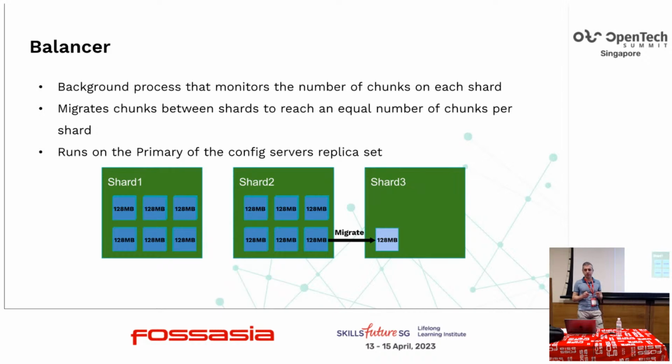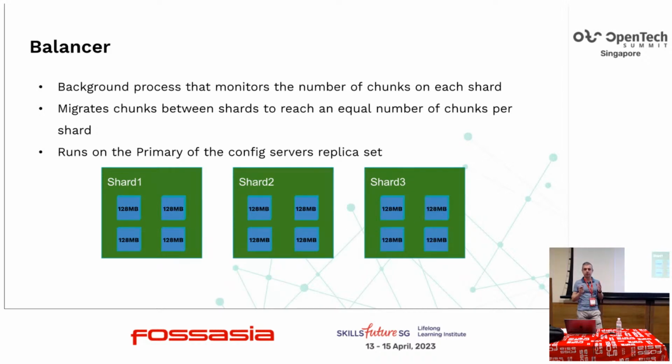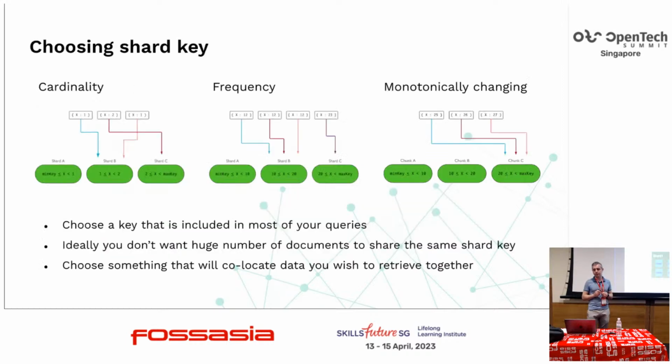Starting with version 6, the balancer is making sure each shard has the same amount of data. And some tips on choosing a shard key. We're running out of time, but a good shard key should have very high cardinality, low frequency, and it shouldn't be a monotonically changing shard key.